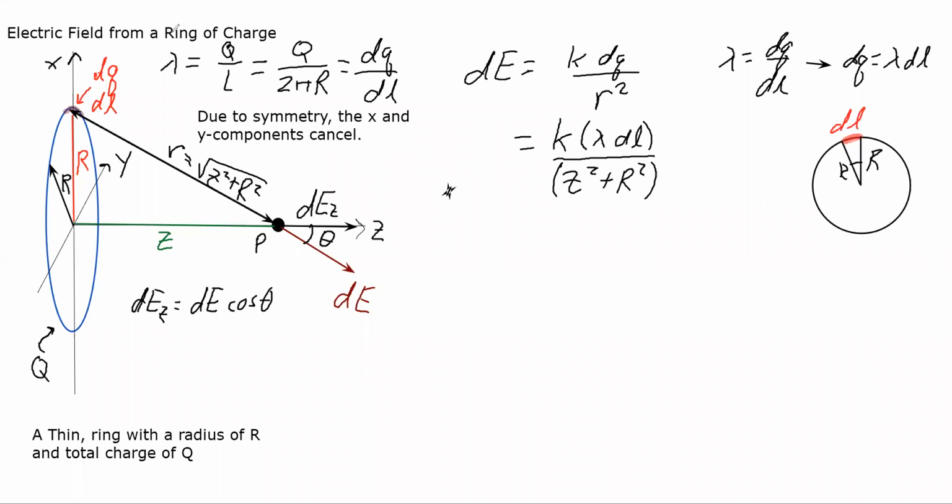How are all these quantities related: dL, R, and d theta?